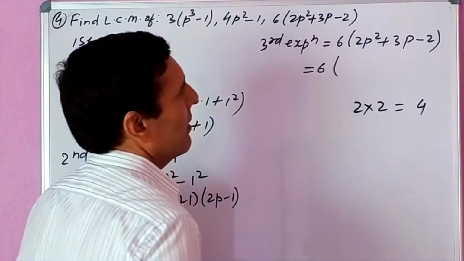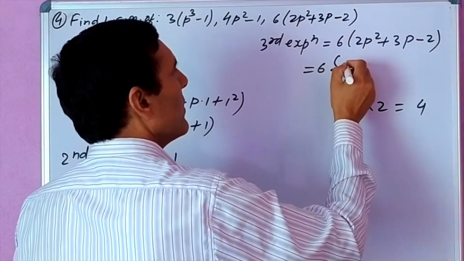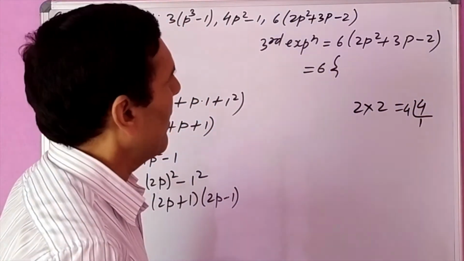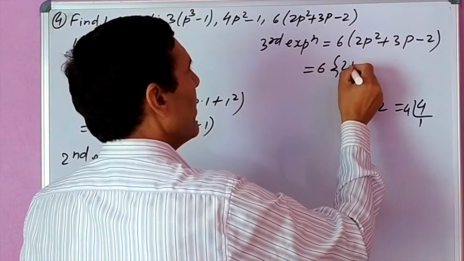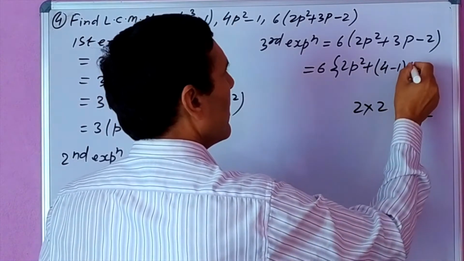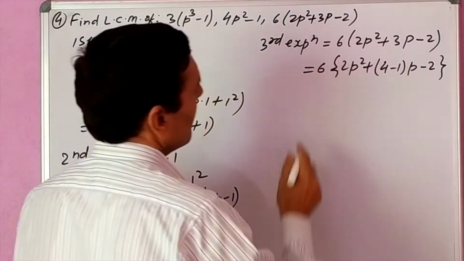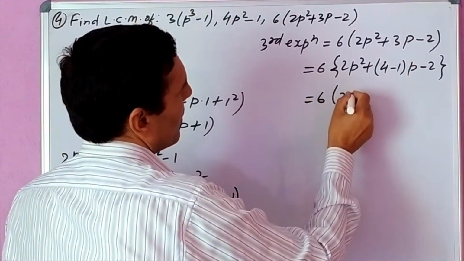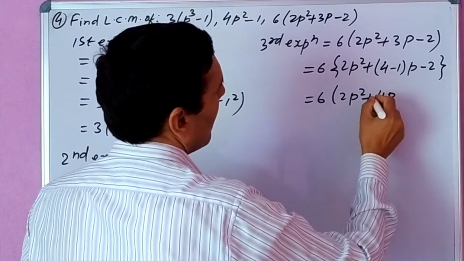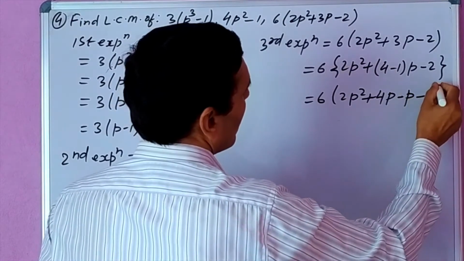So how do we get this 3? 4 into 1, 4 minus 1 is 3. So 2p² plus, for this 3 we write 4 minus 1, p minus 2. It is 2p² plus 4p plus minus 1 into p, minus 2.